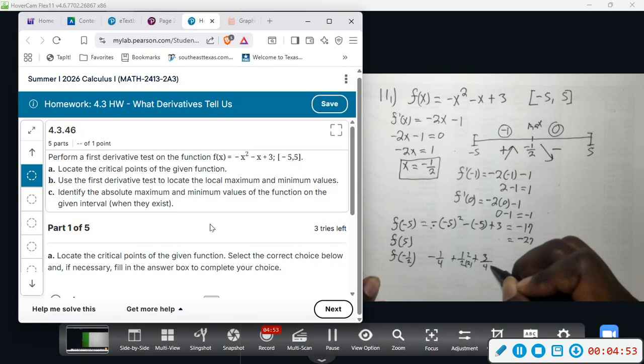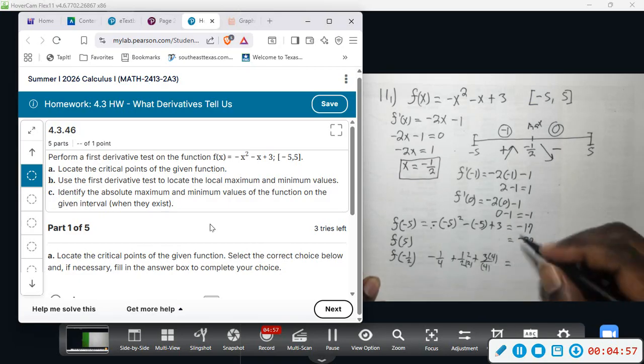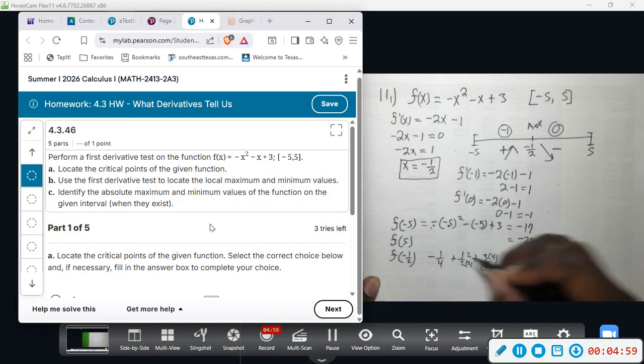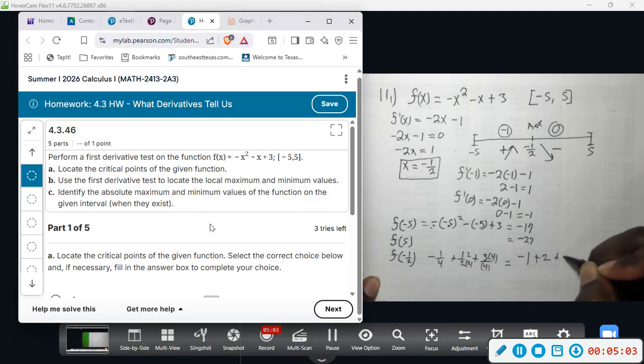This will be times 4. And so we'll have a negative 1 plus 2 plus 12, all over 4. And that gives us 13 over 4. That's our maximum. And then this would be our minimum, negative 27.